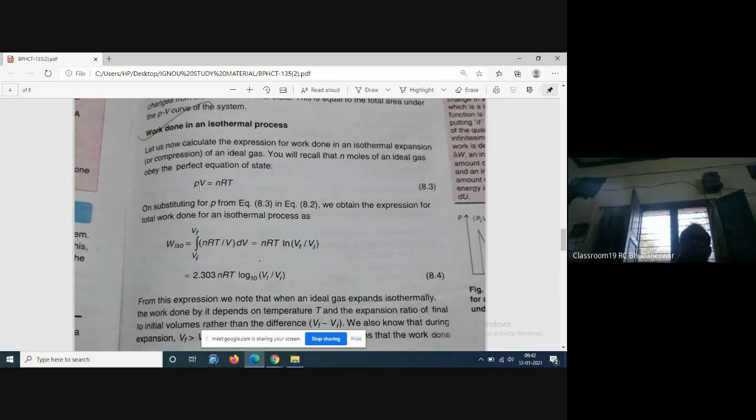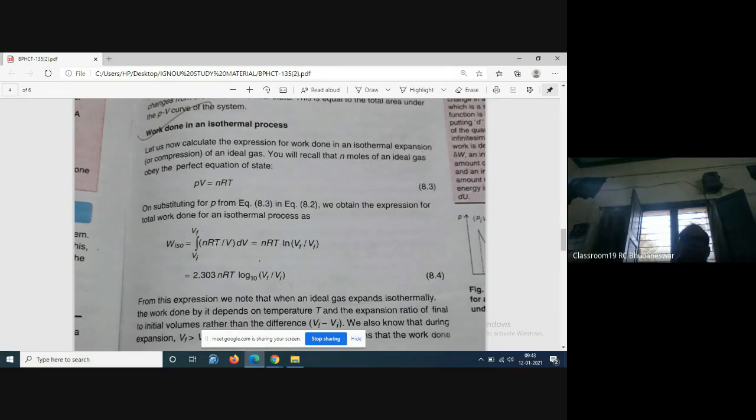As you find PV equal to nRT. So since temperature is constant, it is an isothermal process. For 1 mole of gas, you can write PV equal to RT, no problem. So what will P be equal to? P equal to nRT by V.